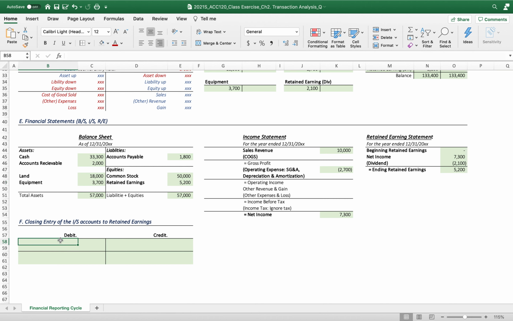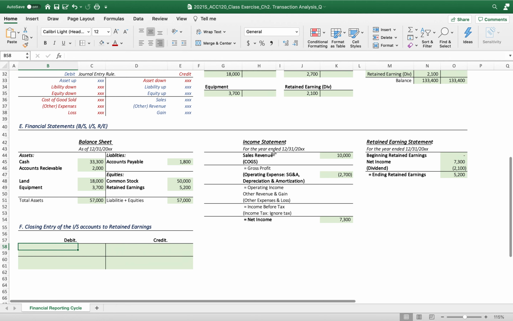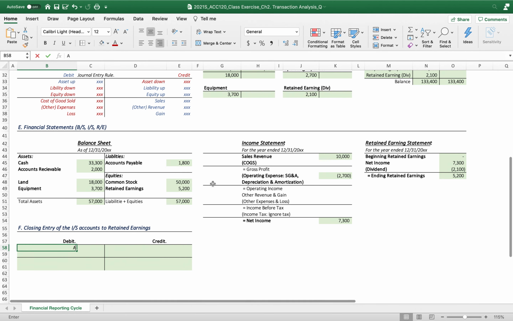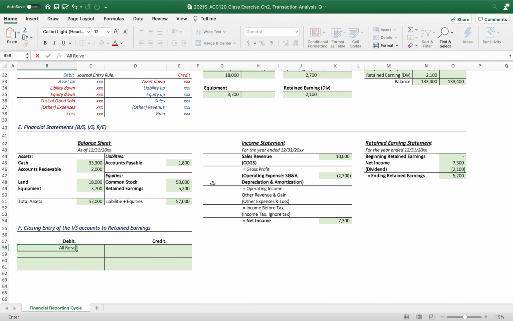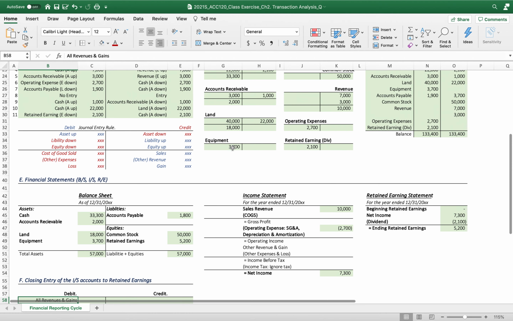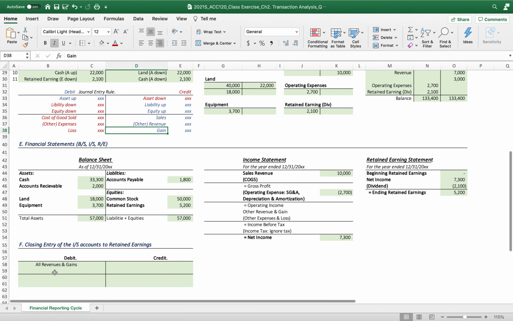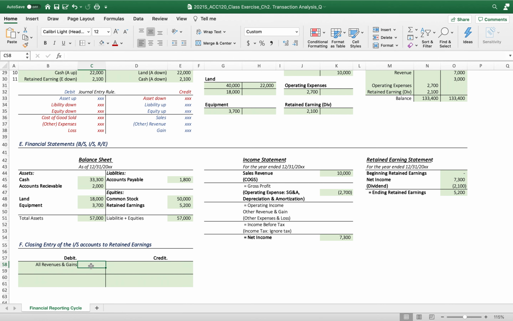So how do we remove them? On the debit, we want to remove all the revenues or gains on the income statement. The reason why we put it on the debit is that revenue, sales, or gain is on the credit. By putting debit, we can remove all these transactions.